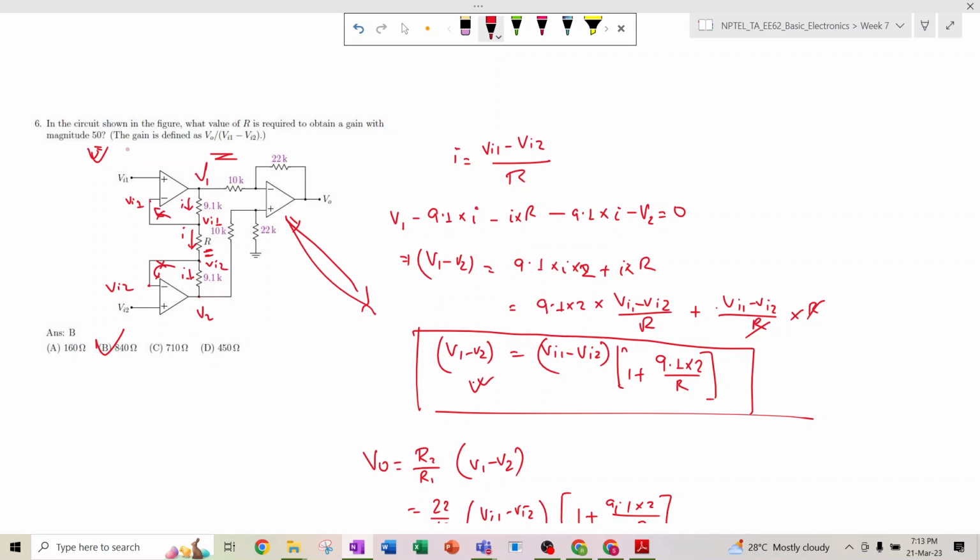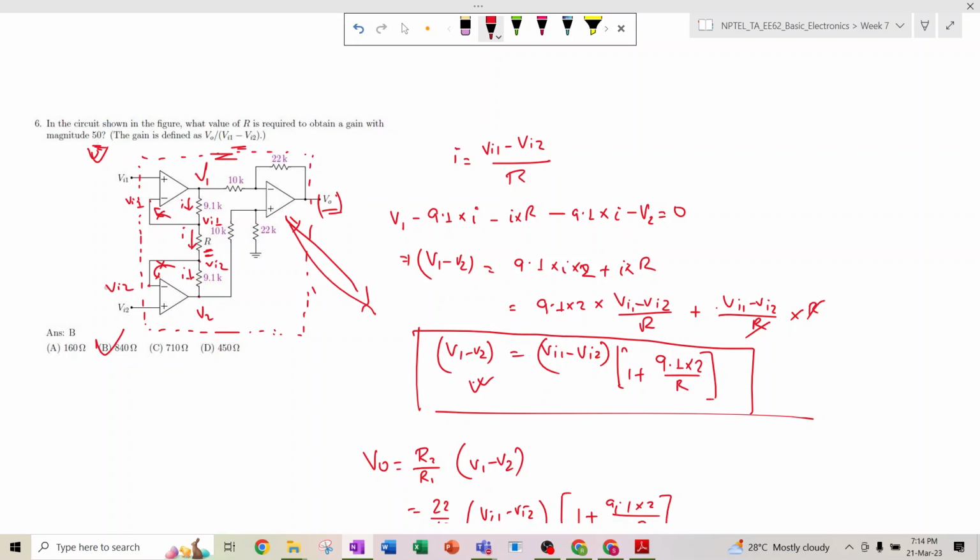So you can interpret this as the total thing now working as a difference amplifier, right? Whatever you are applying in Vi1 and Vi2 is the differential input, and that is getting amplified and generating VO as an output, and the gain is 50.